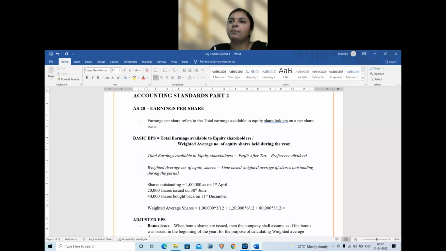So taking this proportion, we will get 1 lakh 5,000 shares. So is the weighted average calculation clear? This calculation can be used in case of fresh issues, buyback. So whatever is the case, you can use this cumulative calculation for calculating the weighted average number of shares.